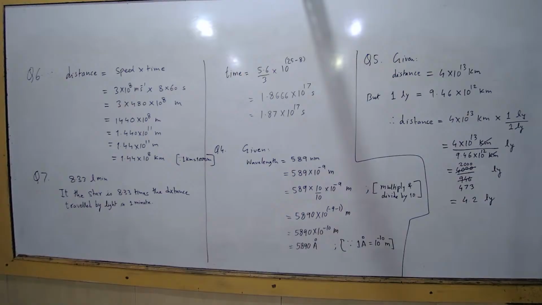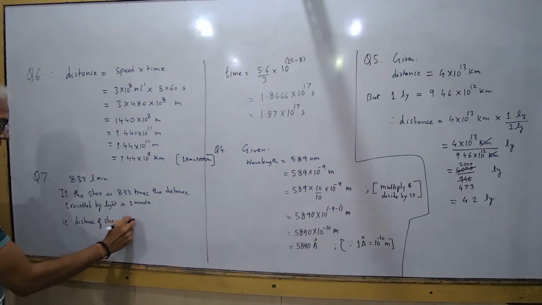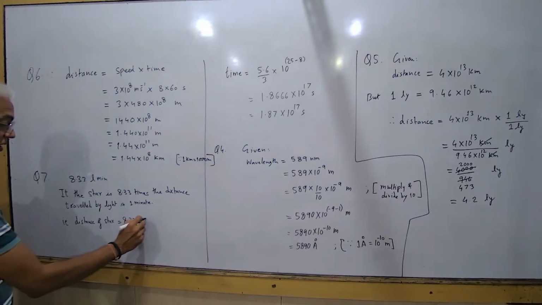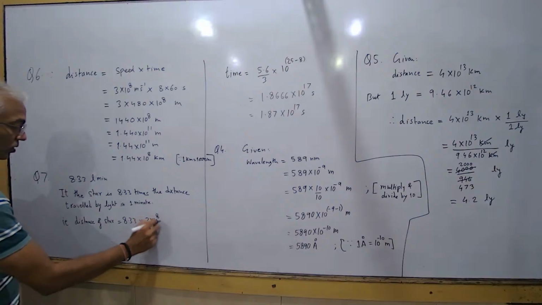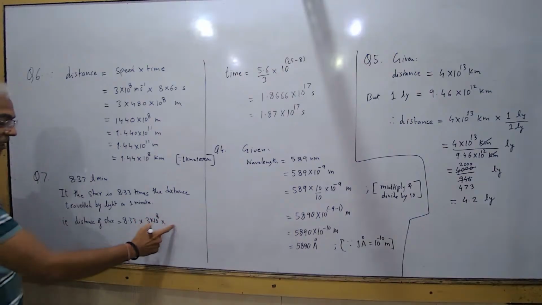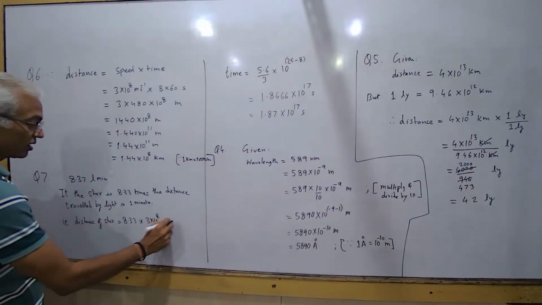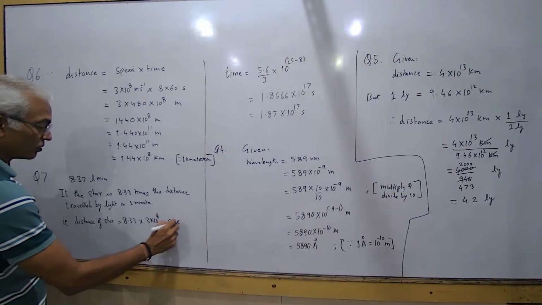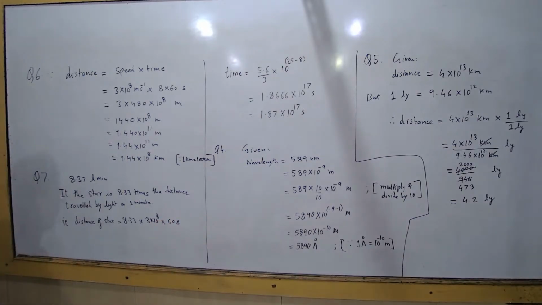Understood? So which means, so what is it? That is, distance is equal to 8.33 into, what is the speed of light? 3 into 10 raised to 8. Distance into time. What is the time? 1 minute has 60 seconds. Okay? So multiply all this.